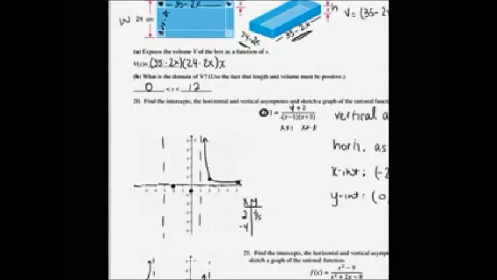Up top I get -2. On the bottom, -4 minus 1 is -5. -4 plus 3 is -1. -5 times -1 is +5, so I get -2/5, which is about right there.